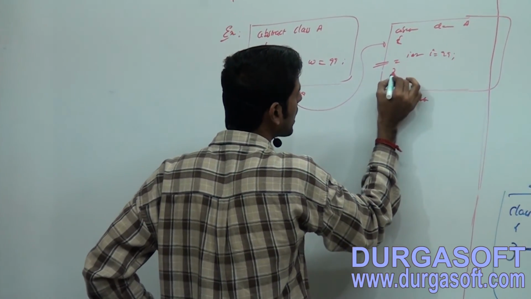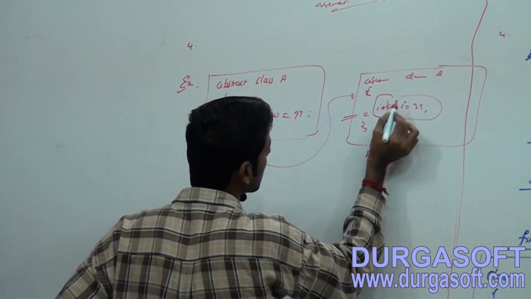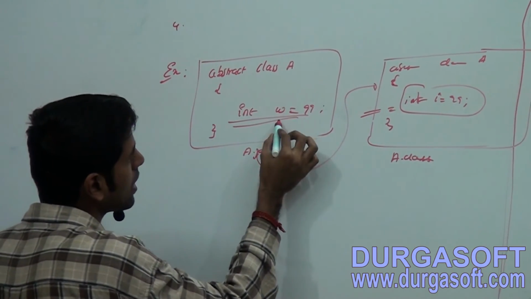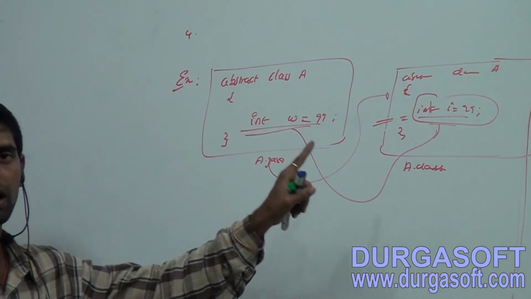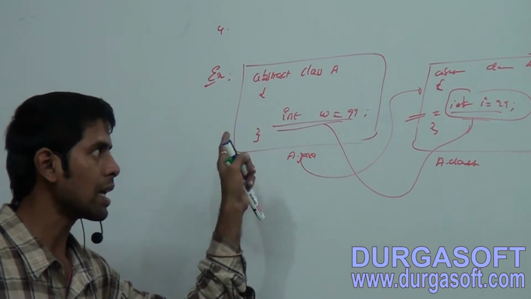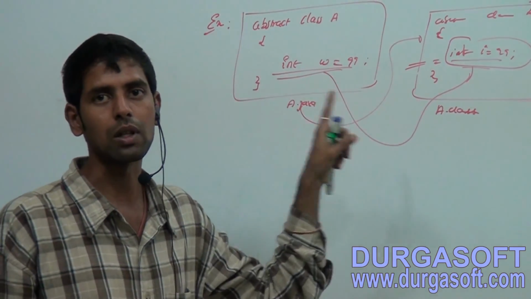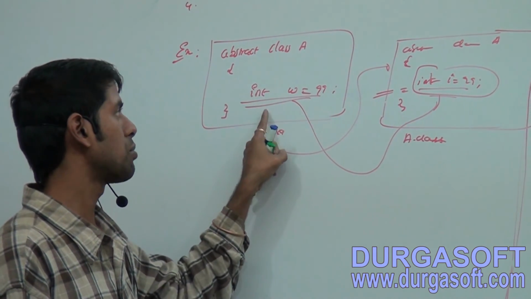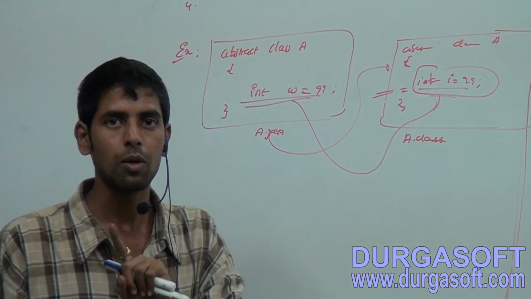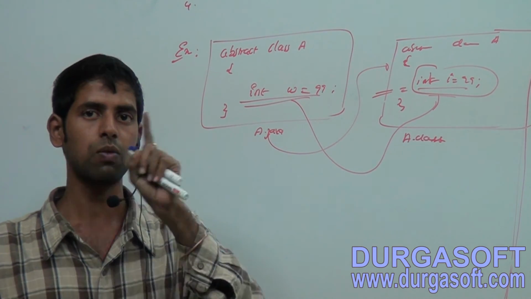No, you don't get anything. Whatever exists within the source code, the same thing will be available. By default the variables within an abstract class are not public static final.